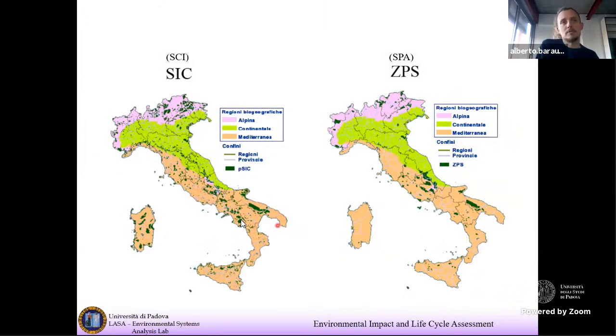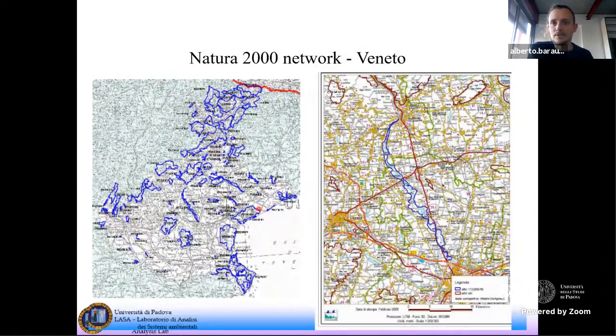This is an example of maps of those sites in Italy. Again, you see there are big ones, there are small ones that you can't see very well. And looking at the Veneto region, for example, you see, this is Padova, okay?